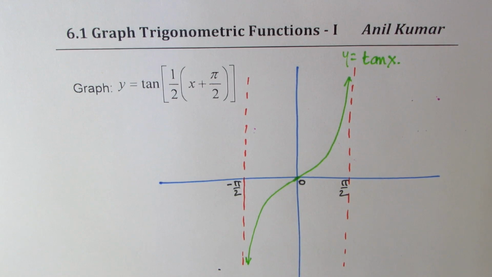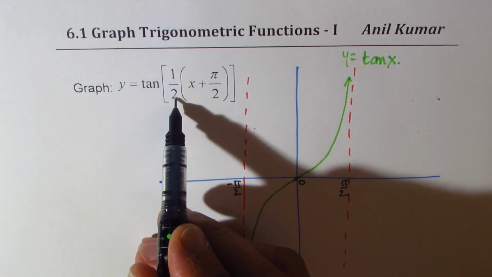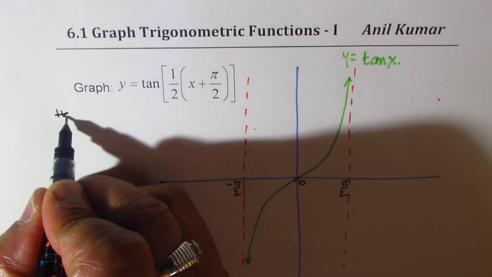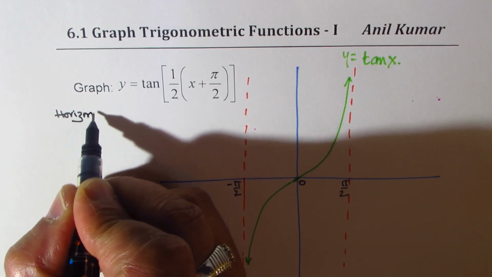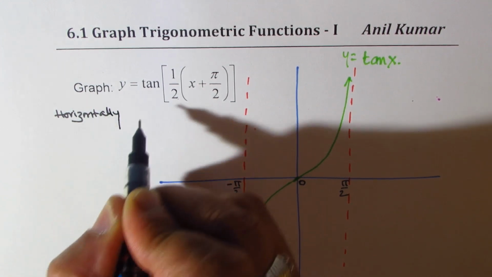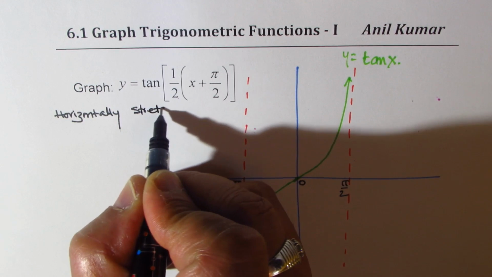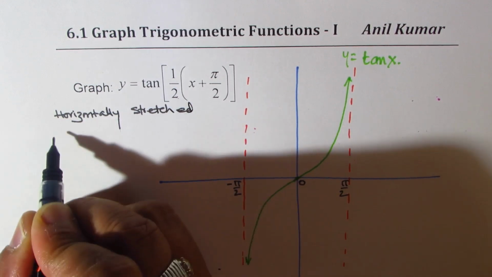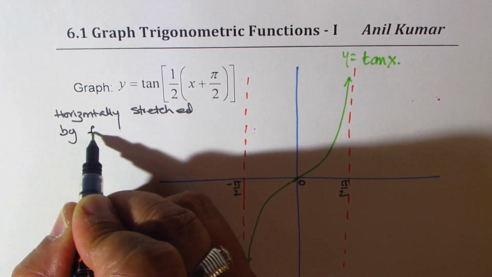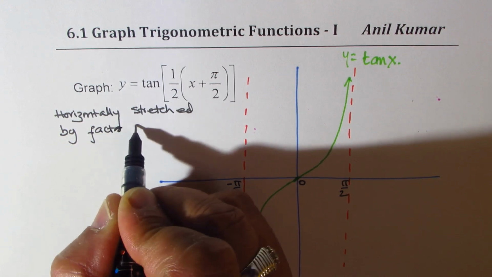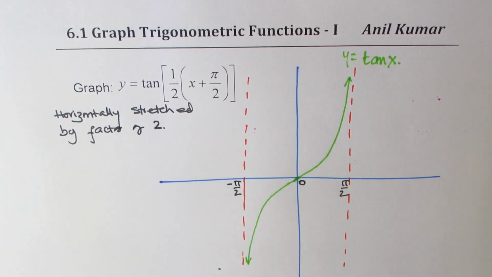Now when we say tan of half x, that means horizontally stretched by a factor of 2. Correct? So that is the first step. It is horizontally stretched by a factor of 2.